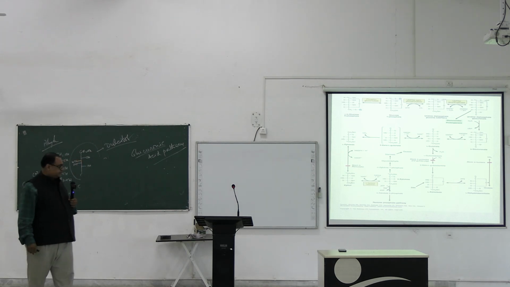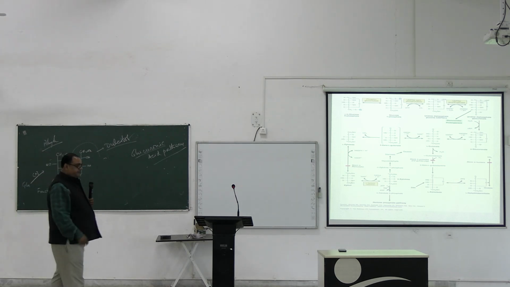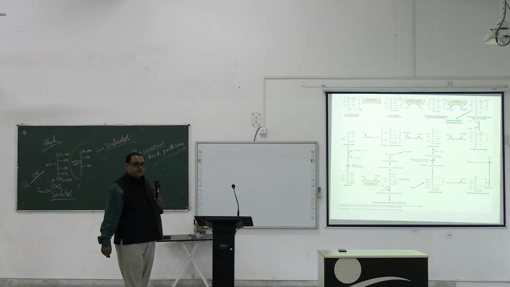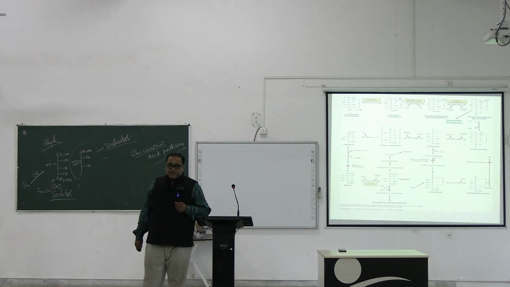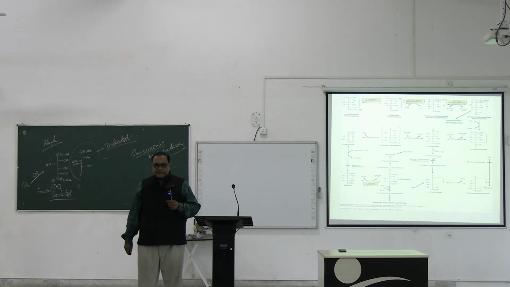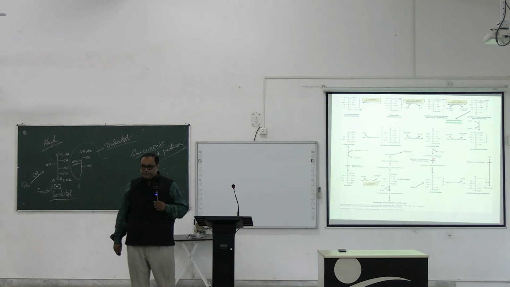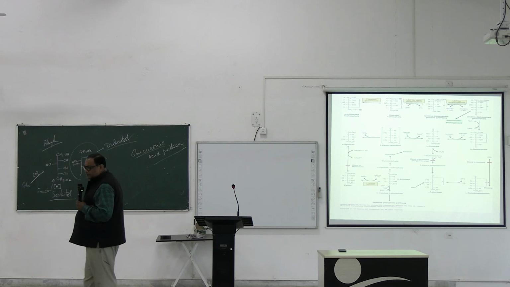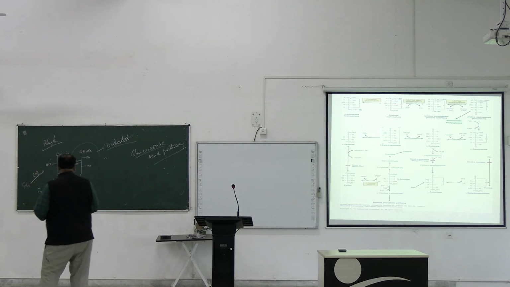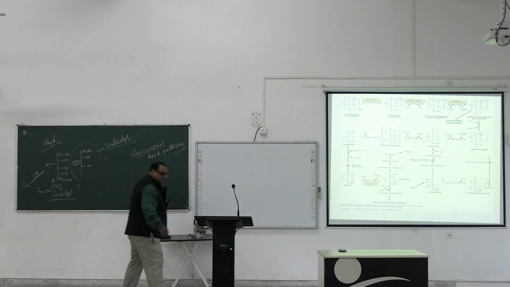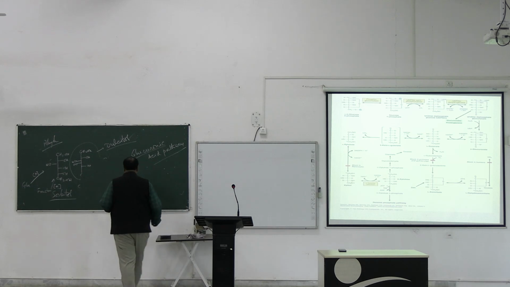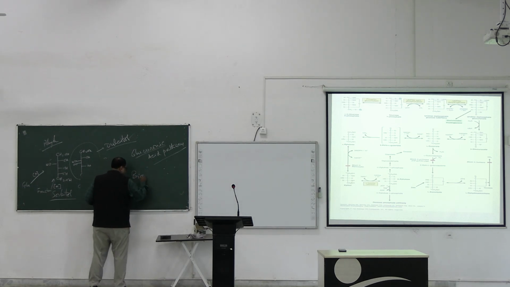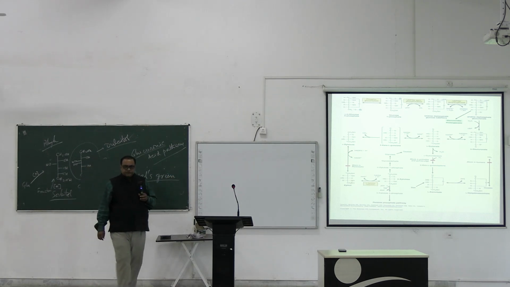Lab finding: pentose sugar in urine. Lab test: Bial's orcinol test. Write it down. Bial's test.